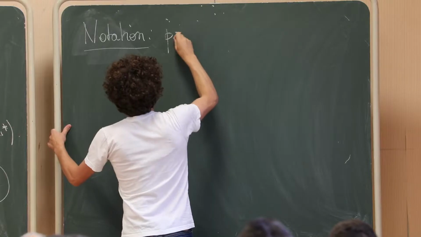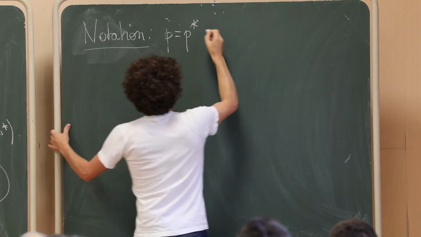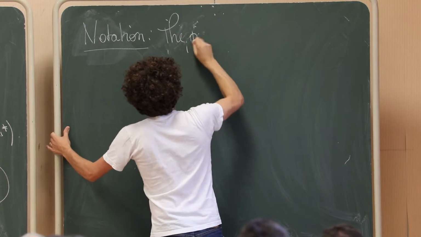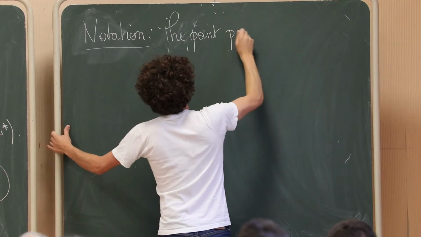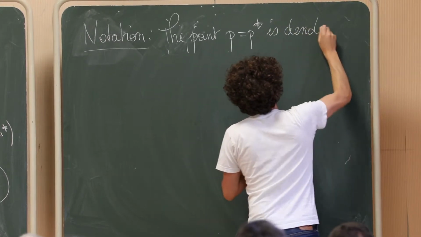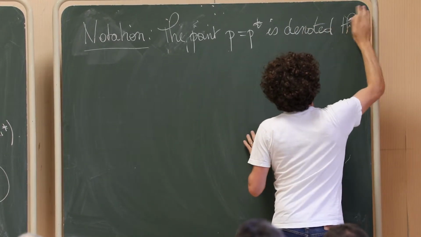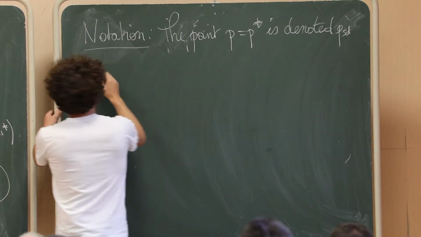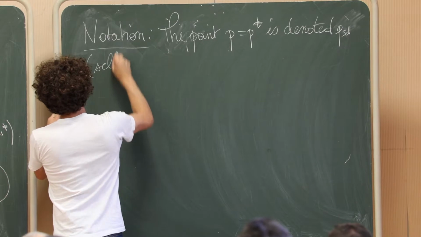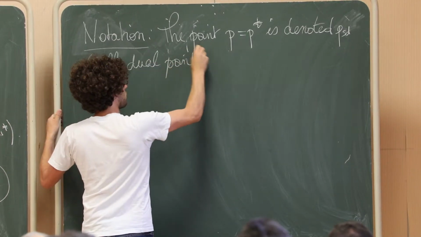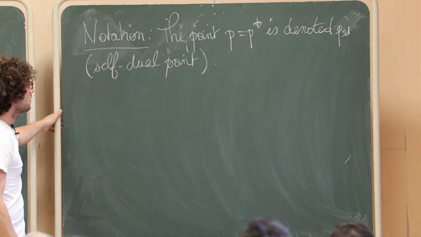P equal to P star will be denoted p_sd, as self-dual. So it's a point which is invariant by the duality.